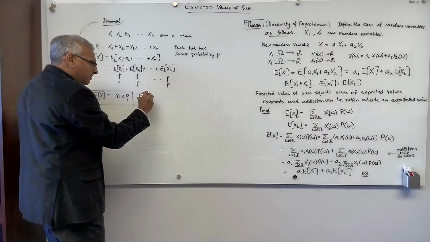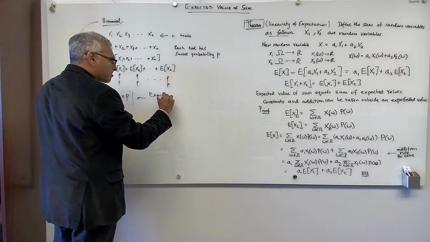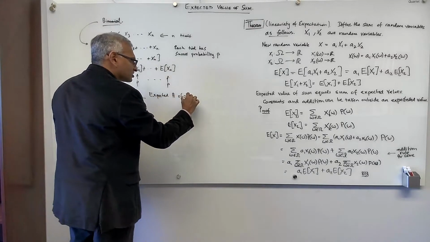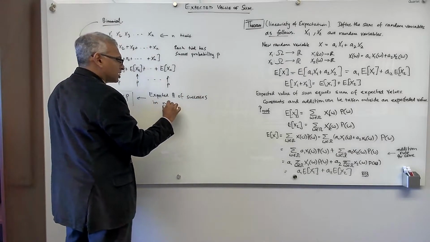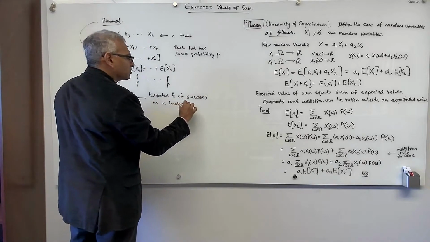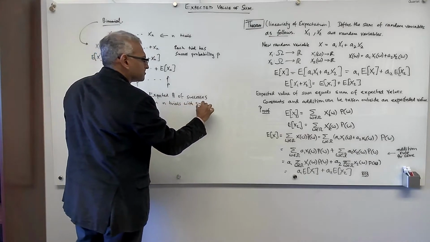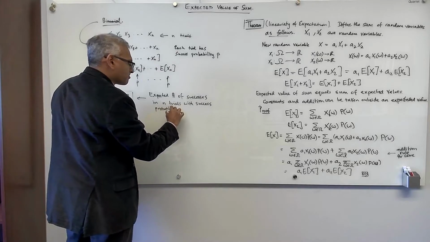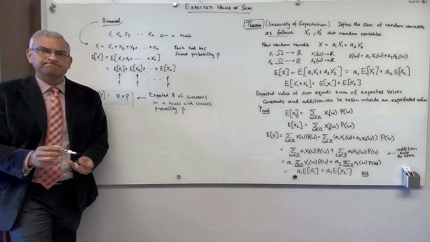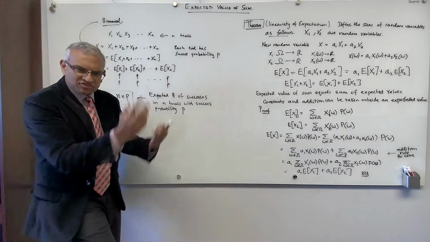It's the expected number of successes in n trials with success probability p. There, derived effortlessly. Okay.